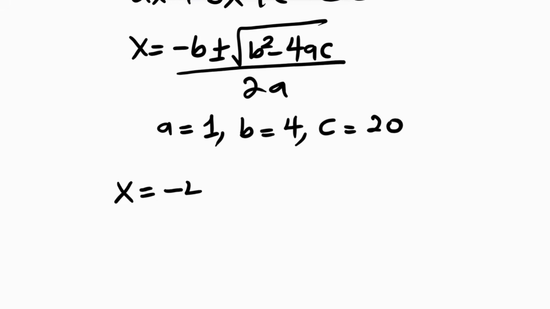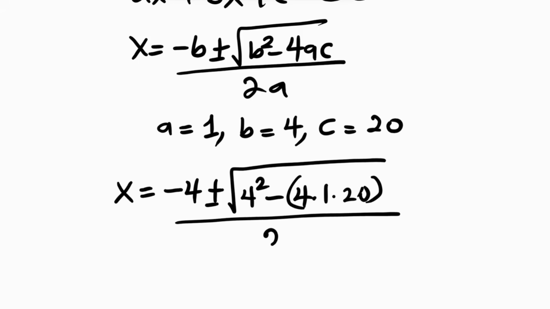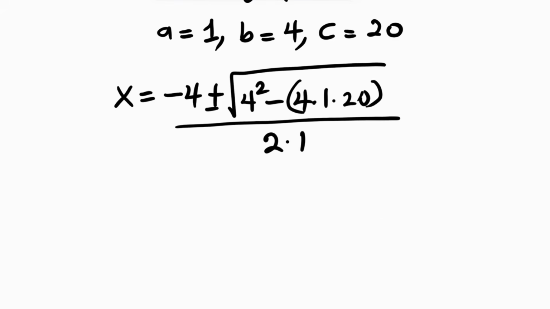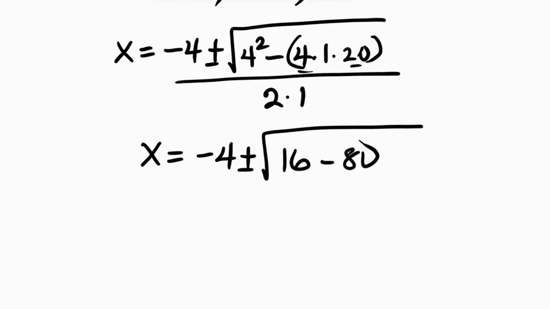So we have minus 4 plus or minus the root of 4 squared minus 4ac, divided by 2a. So x is equal to minus 4 plus or minus the root of 16 minus 80. 4 times 20 is 80 times 1, 80, all divided by 2.